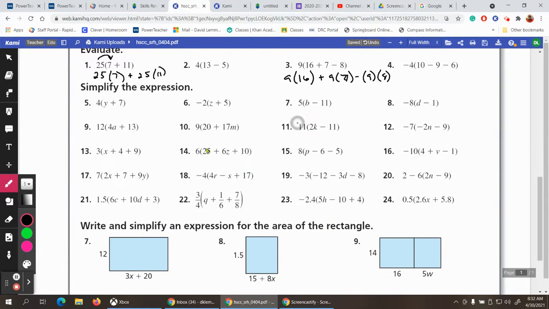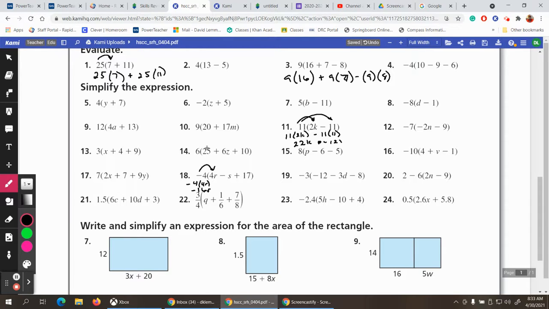Again, I'll do some of these. Let's go here at 11. The 11 times 2k is going to be 22k, and 11 times a negative 11 is a negative 121. Negative 4 times 4r is a negative 16r.